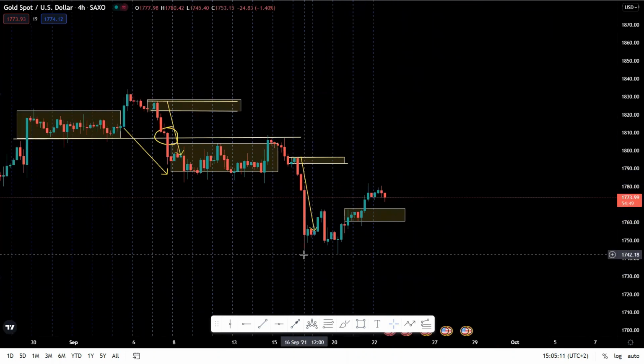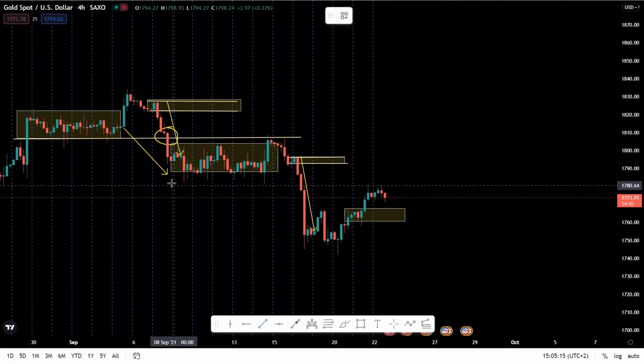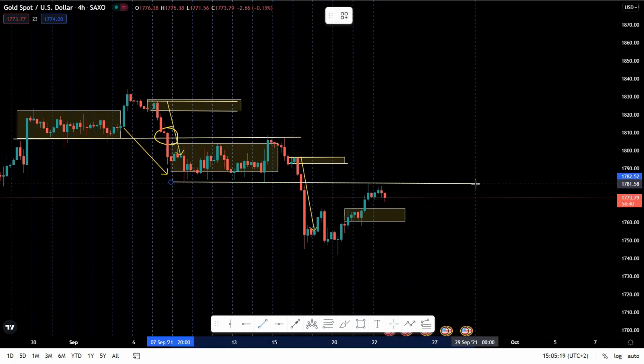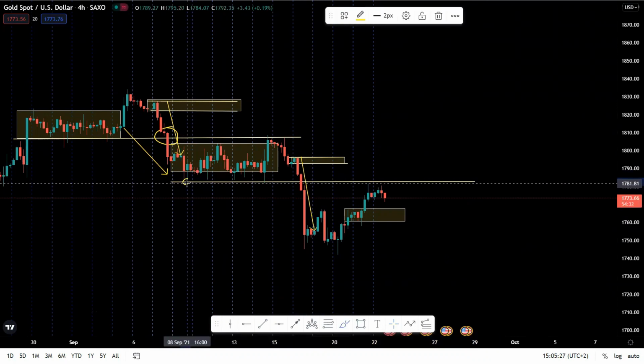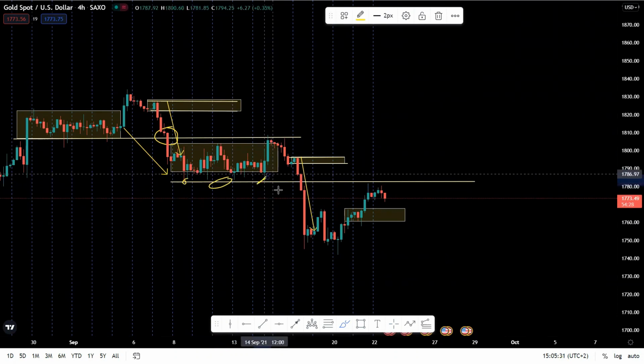All right. So the market broke that structure, and then we can also see that this was acting as a demand here. The market was bouncing there and then it goes up.